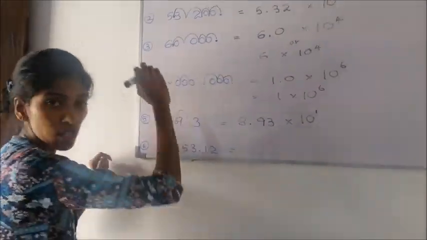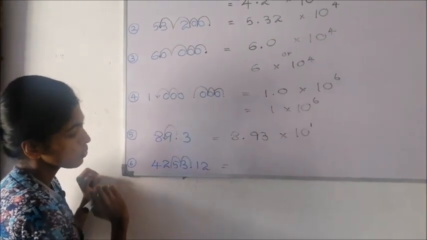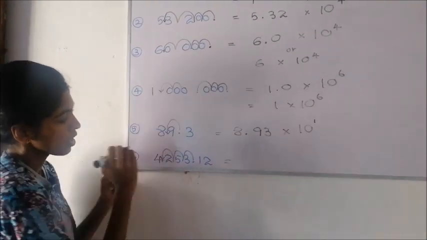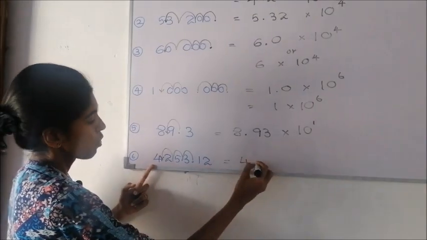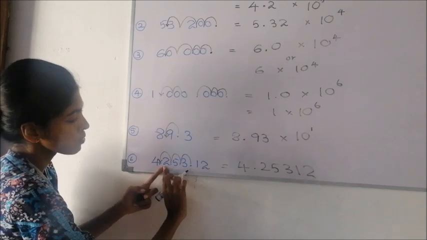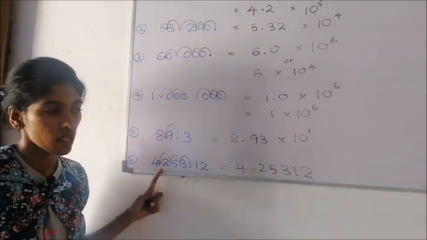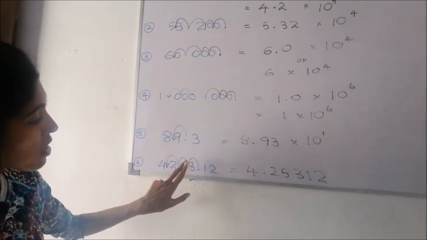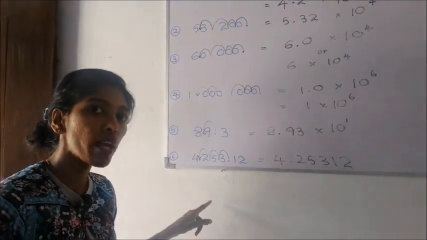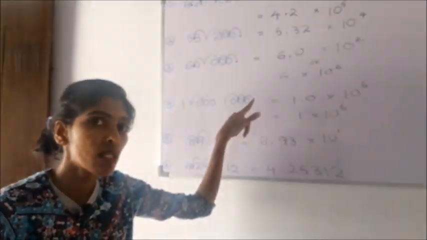Next here, decimal point is available. So 1, 2, 3. Now only 1 digit is there. 4.25312, all the digits from 2 to this 2 should be written. Why? They are not zeros. And remember that, just imagine in the middle there is a 0. Are we going to remove that? No, because I told you, after the decimal point we cannot place any zeros.